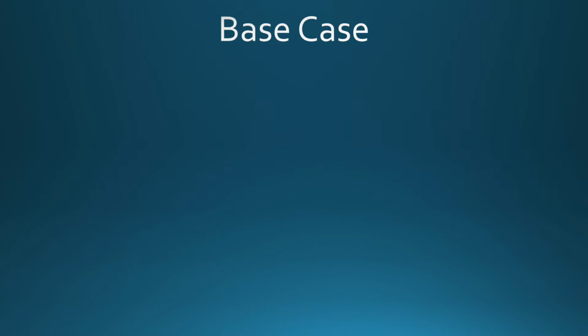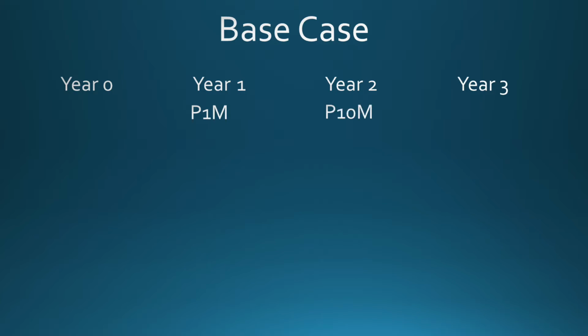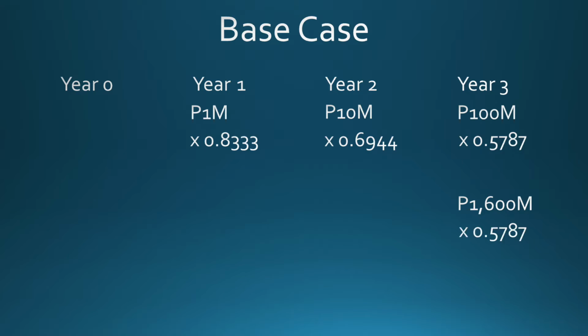Next, the base case scenario. As for the base case scenario, we have the following cash flows for the next 3 years: 1 million, 10 million, and 100 million. The exit price is around 1.6 billion under this scenario, and we just multiply them by the same PV factors, the PV factors for 20% in the next 3 years.